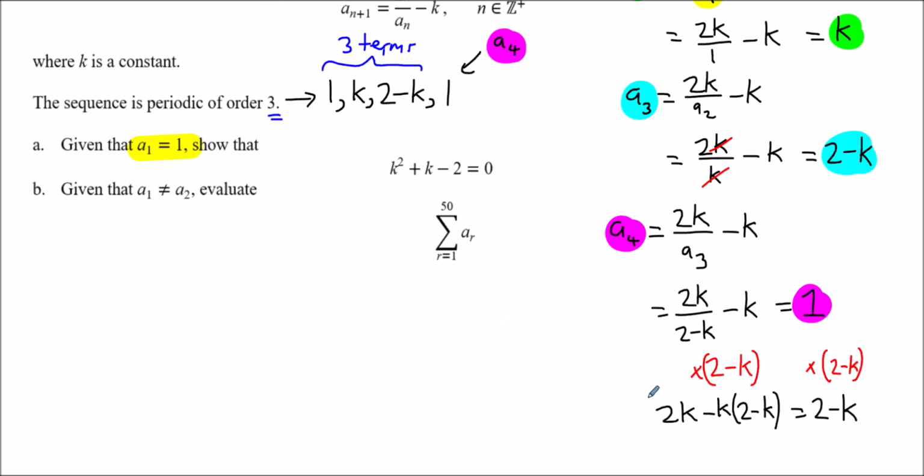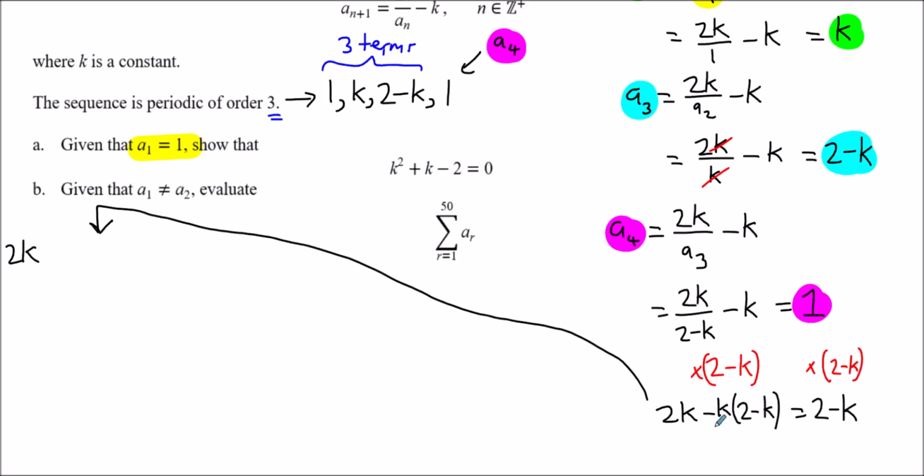Now again, I'll just shimmy over to the other side to give myself a bit more space and carry on. If we expand this out now, 2k minus k times 2, that's minus 2k. And then minus k times minus k is plus k squared.